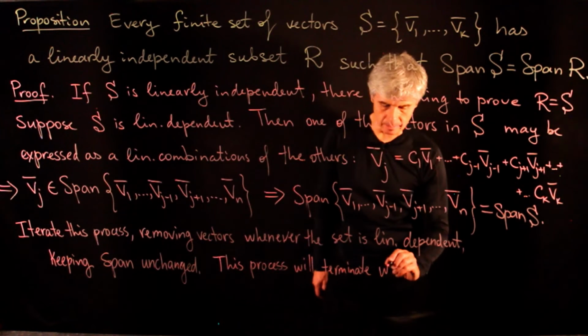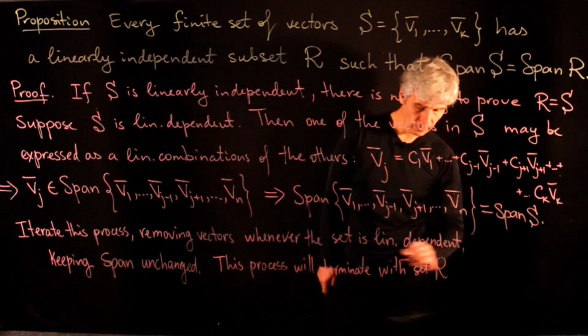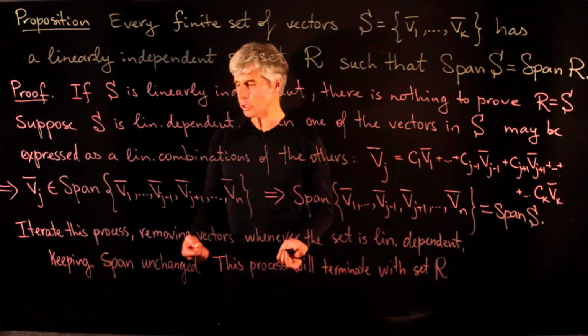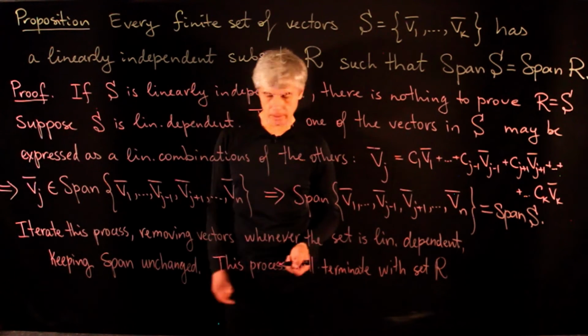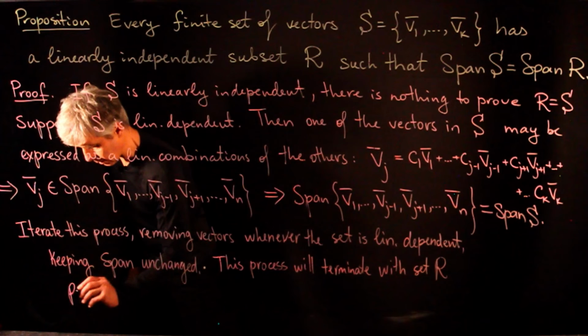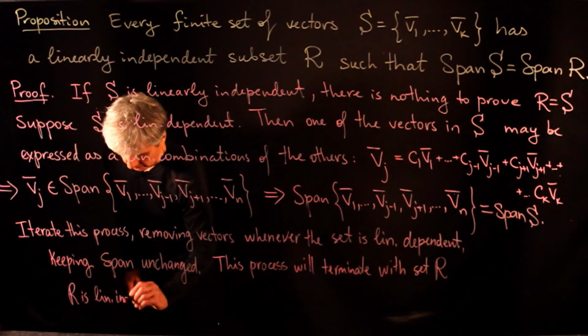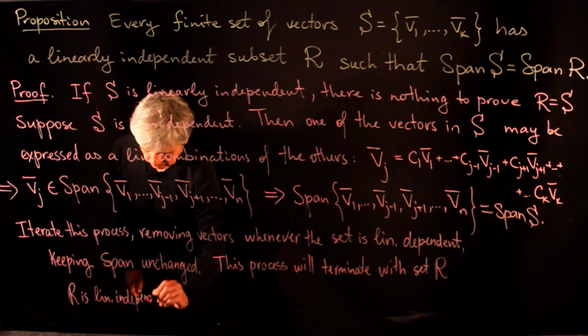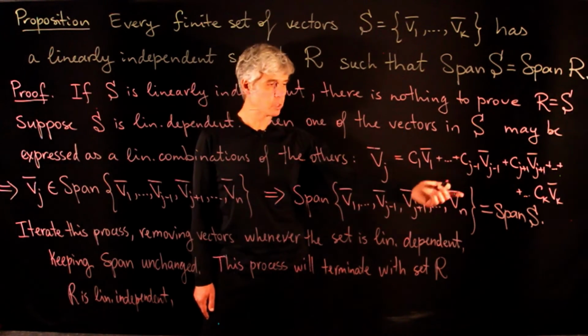With some set R. And so this process can only terminate when we get a linearly independent set. So this means that R is linearly independent. And at every step, we preserve the span.